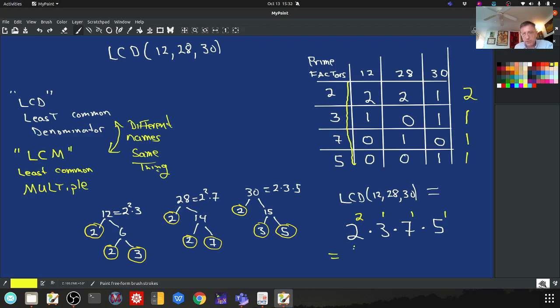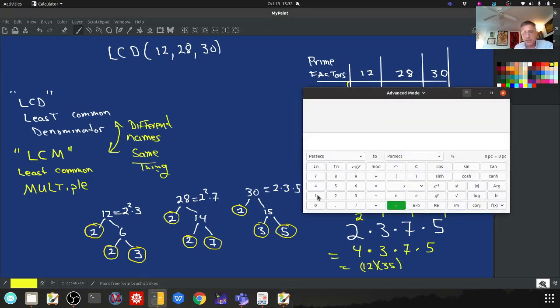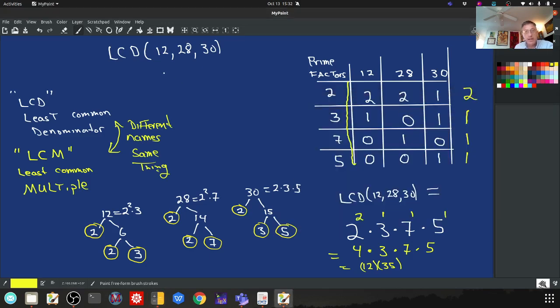Let's just do it this way. 4 times 3, that's 12, times 7 times 5. So that is 12 times 35. So if we want to know what 12 times 35 is, I'm going to be lazy and literally put up my calculator here. It is 420, my least common denominator.